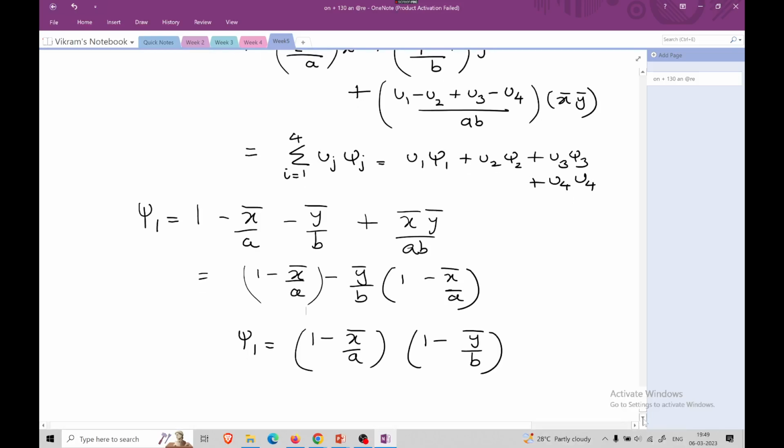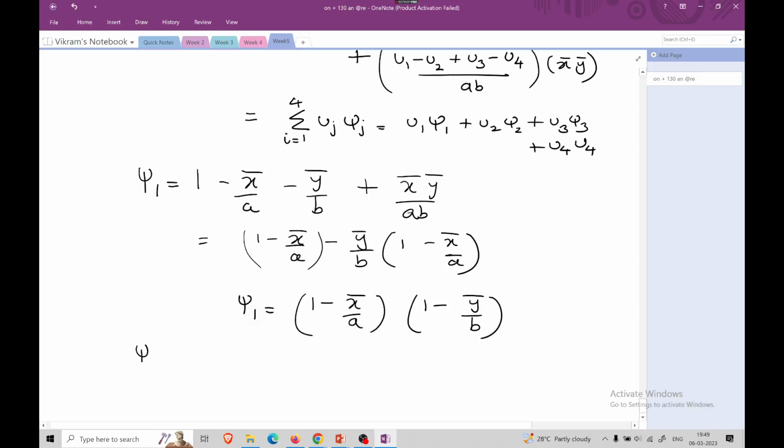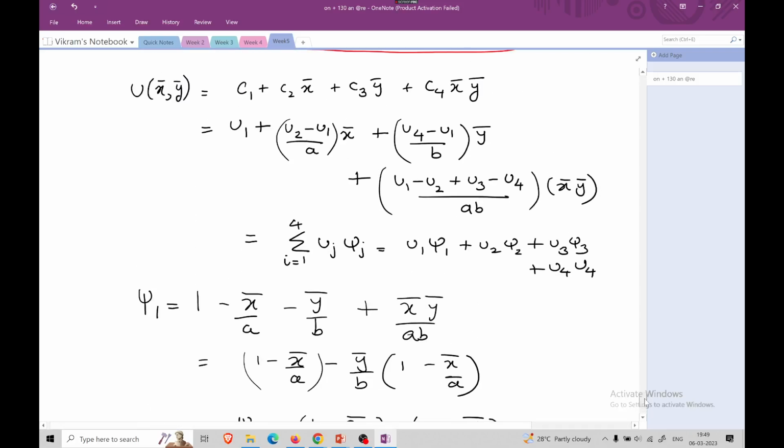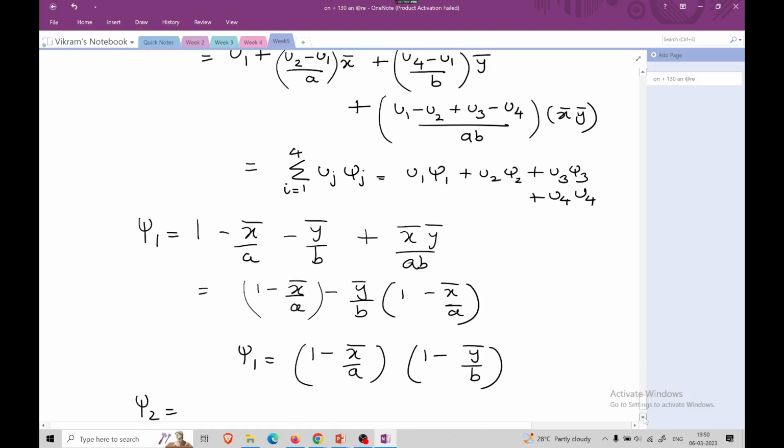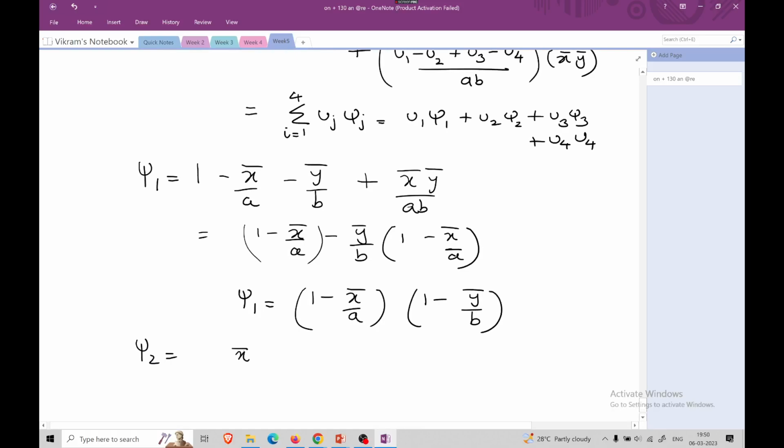So what is psi 2? I collect the u2 coefficients. What are the coefficients of u2? 1 x bar by a here and here. So we have x bar by b, then minus x bar y bar by ab.